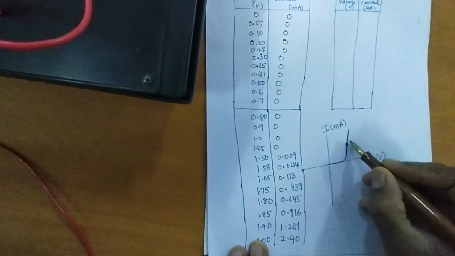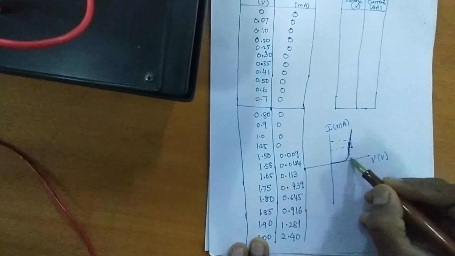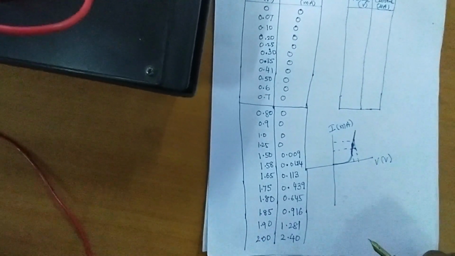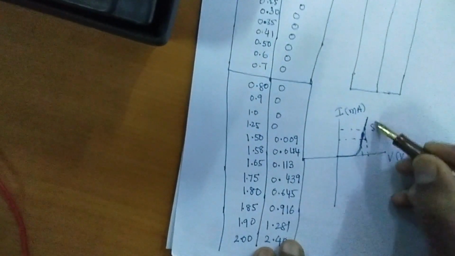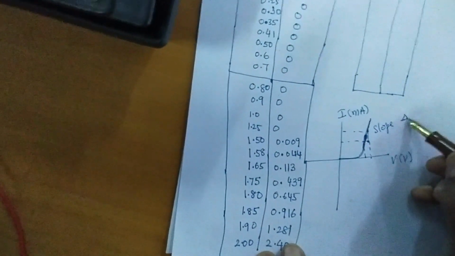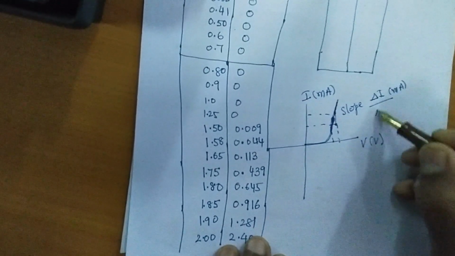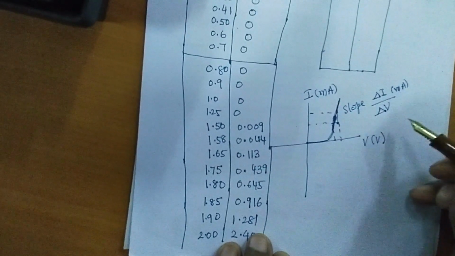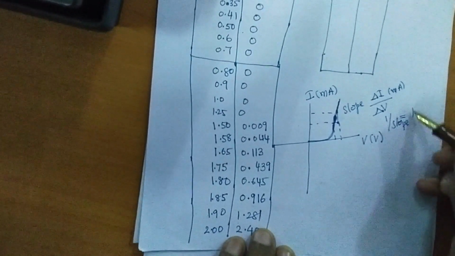Choose two different points, find the slope, and from the slope calculate the resistance of the LED in forward bias by finding the slope as delta I in milliamperes, converted into amperes, by delta V. So if I take 1 by the slope, I'll get the resistance R.